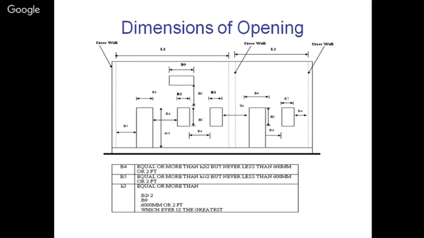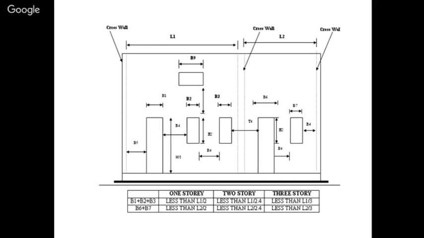It is safeguarded if you maintain these distances: distances from ventilator to window, roof slab to ventilator, and corner to door to window. This is again the distances, as compared to B1 plus B2 plus B3 less than L, whatever specifications are given, you can use as per Indian Standard codal provisions.